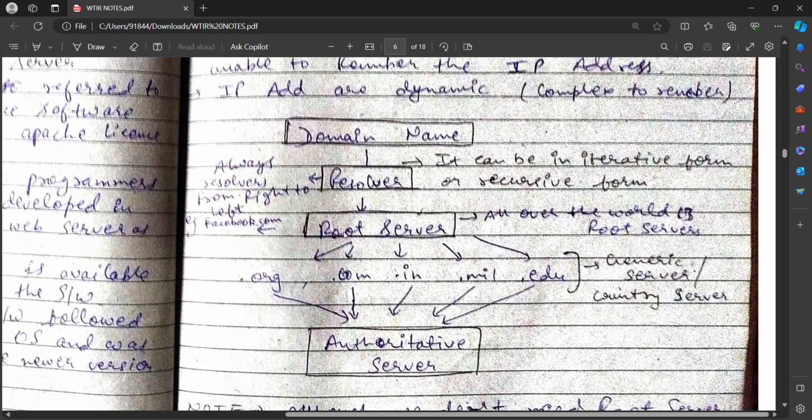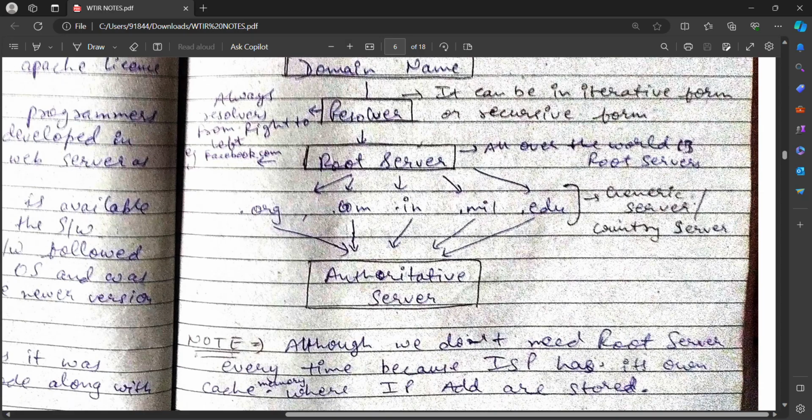Now after the resolver, the root server comes. Now root servers are basically all over the world. There are a total of 13 root servers all over the world. Examples are .org, .com, .in, .mil, .edu. Okay, these are some top-level servers, or you can say country servers.